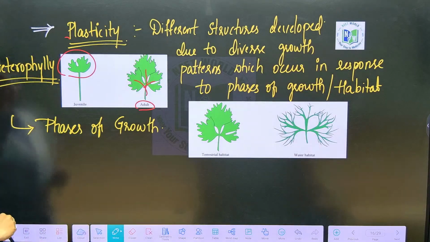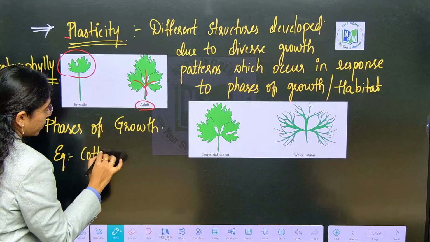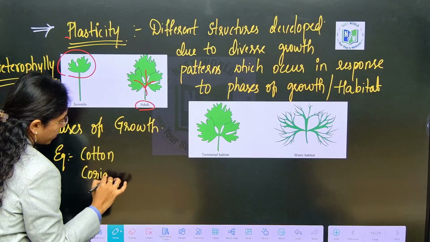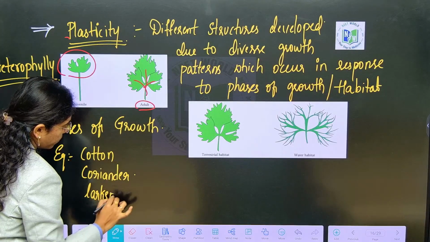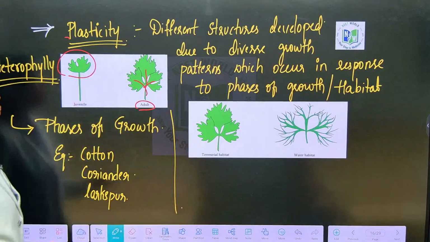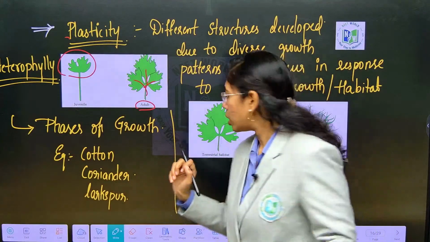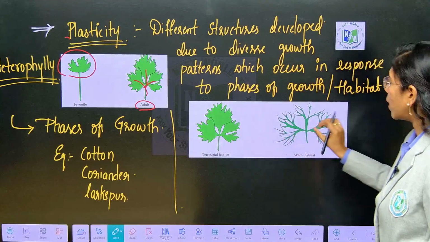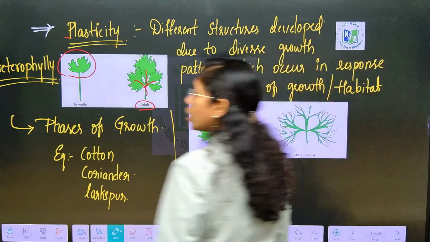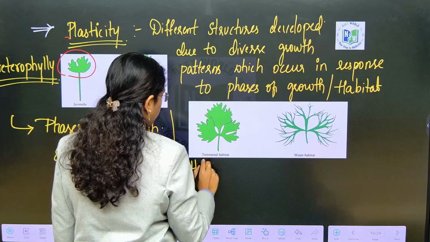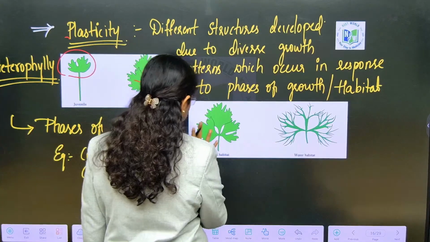Fine, right. So here the examples include cotton, coriander and larkspur. And the same phenomenon is addressed as habitat heterophily: the same species growing in two different regions, one in the terrestrial habitat and the other in the water habitat, shows different leaf patterns. This is addressed as habitat heterophily, or heterophily based on habitat.